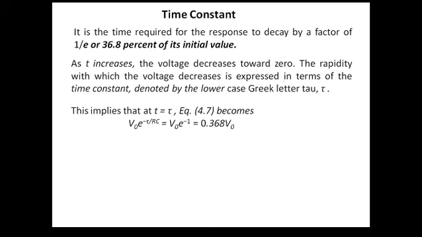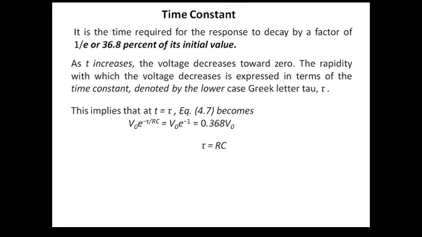If we assume t equal to tau, the time constant, then V naught into e power minus tau by RC is equal to V naught into e power minus 1, which is nothing but 1 over e, that is 0.368 into V naught.